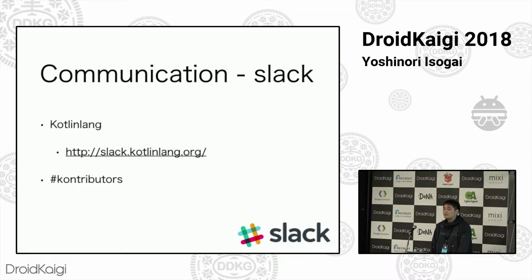There is a contributors channel. This is the one where most of the external contributors like me and JetBrains staff are staying. If you have a problem building a Kotlin project or anything related to contribution, ask that question at this channel. Most of the time, you can get the answer within 1 business day.